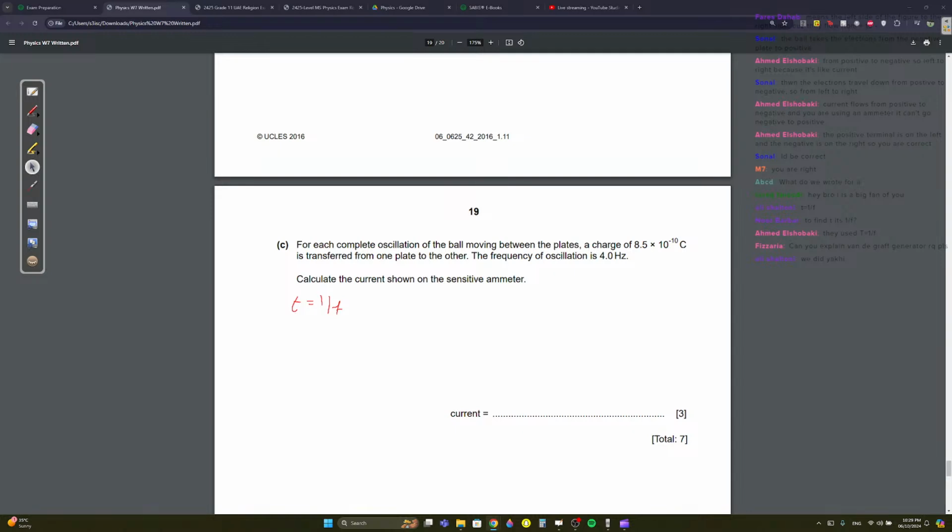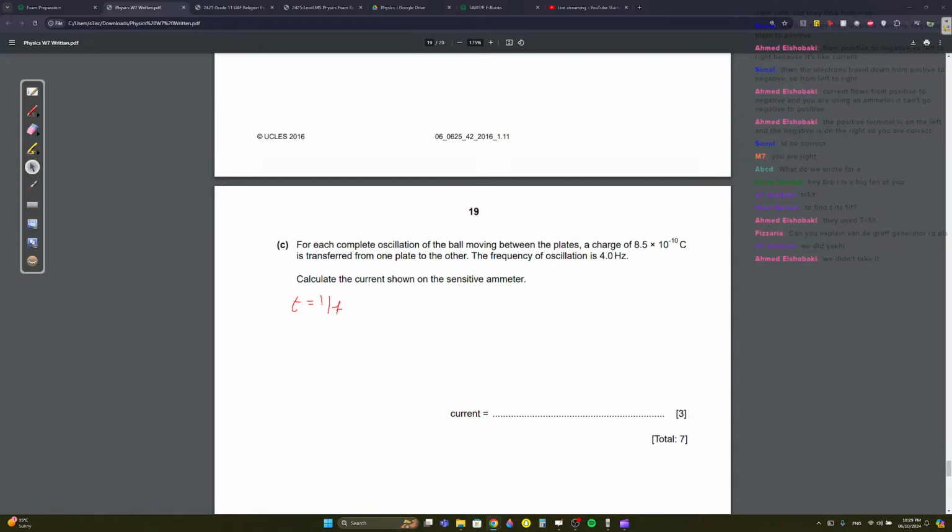No, we never took T equals 1 over F. I don't remember taking T equals 1 over F. This is different physics. It's not the physics we took. In mechanics, no, we did not take it in mechanics.